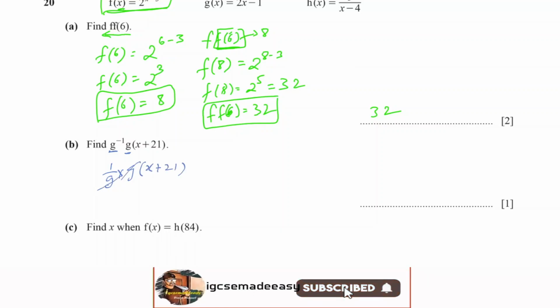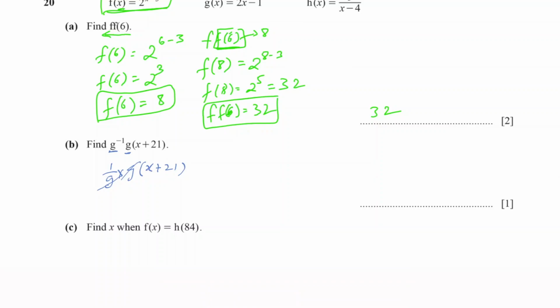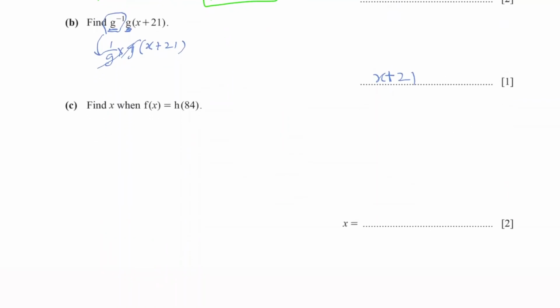So this g and g got cancelled out, so we are only left with x plus 21. That is our answer. So let's move on.